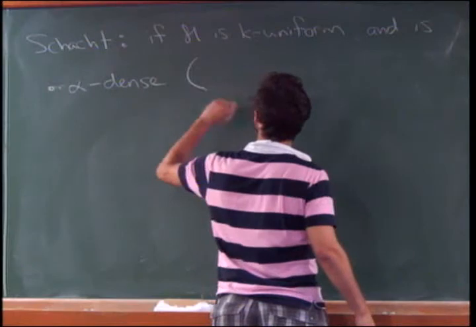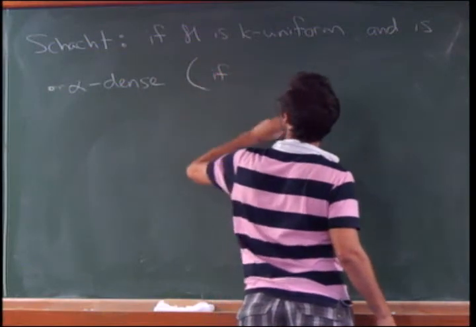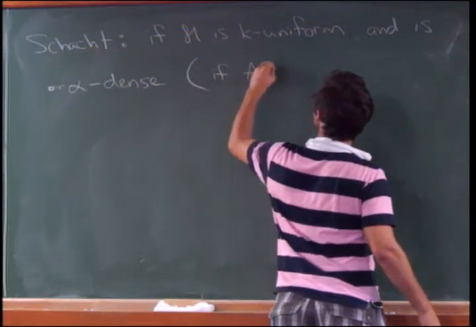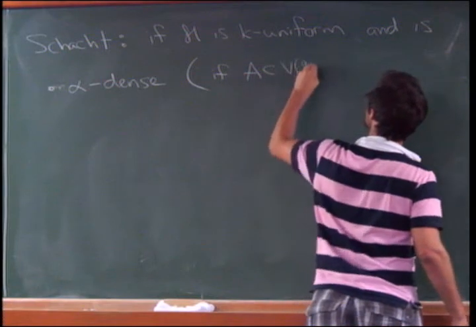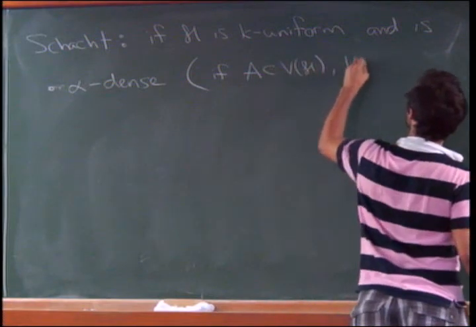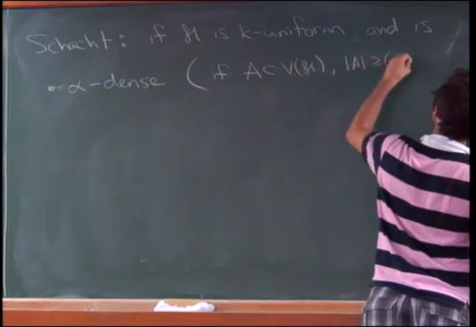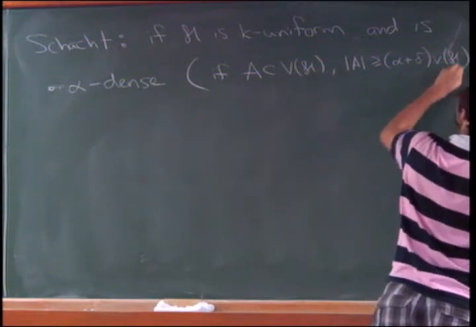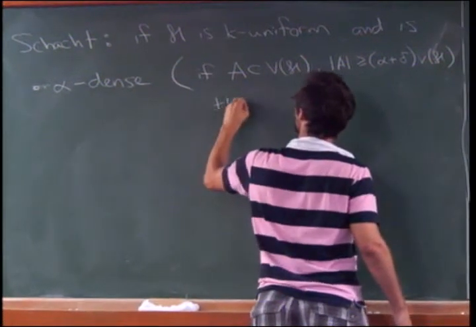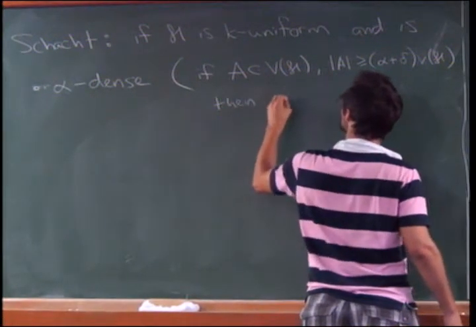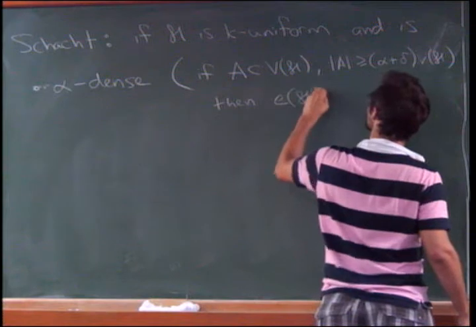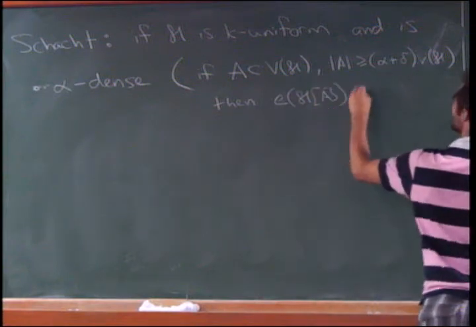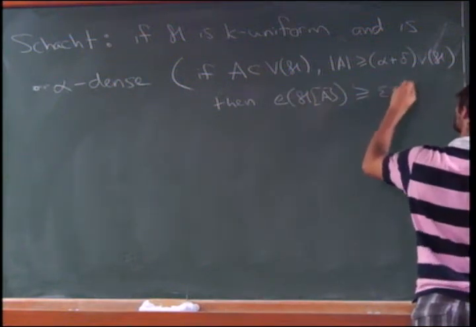And it says something a little more than that. It says if A is a subset of the vertices of H, and the size of A is at least alpha plus delta times the number of vertices of H, then the number of edges of H contained in A is at least an epsilon proportion of all of them.